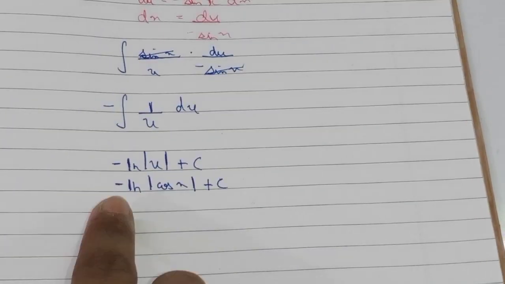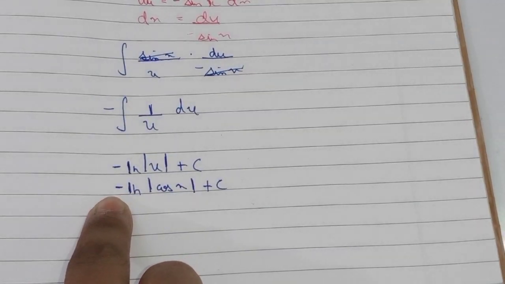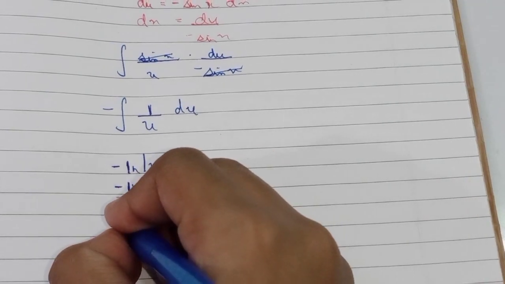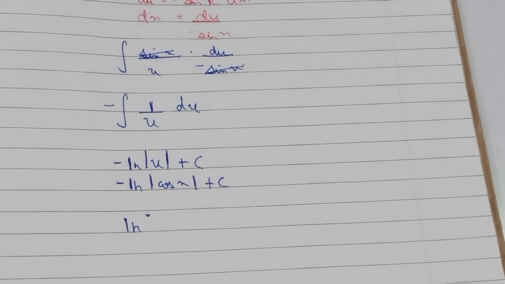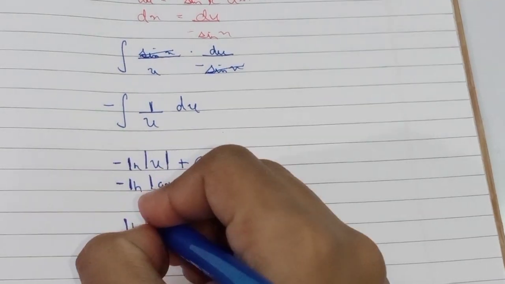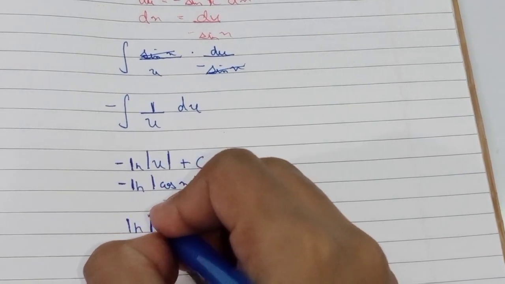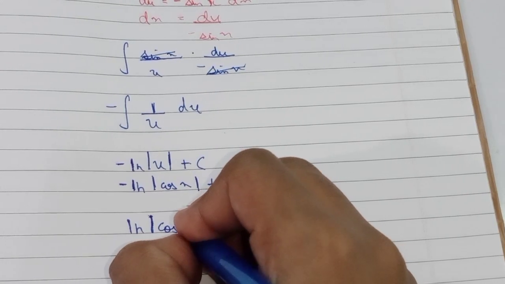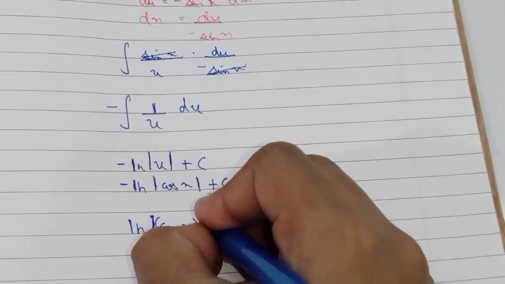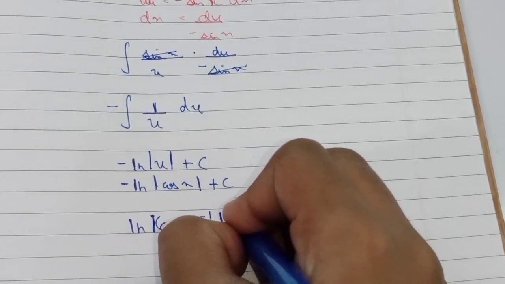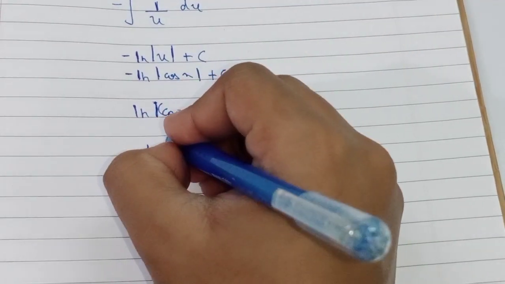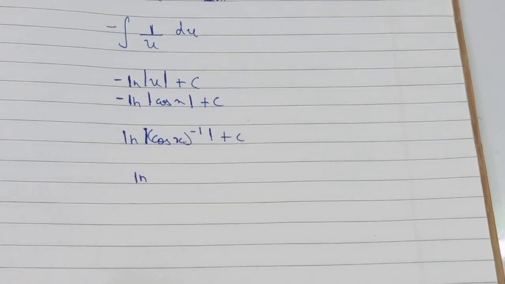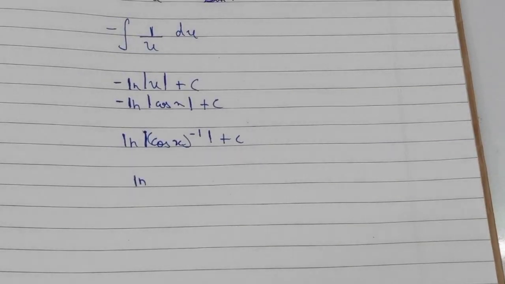Now if we wish to remove this negative sign, what we have to do is take the natural log of cosine x to the power of minus 1, plus c. This negative 1 here is not the inverse of cosine x, it is the exponent.